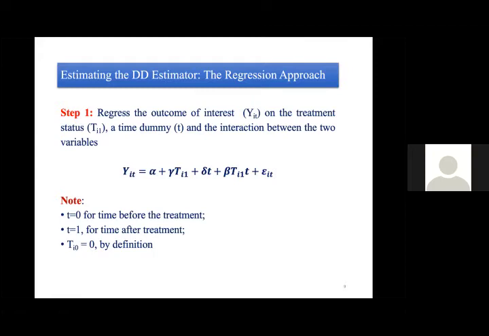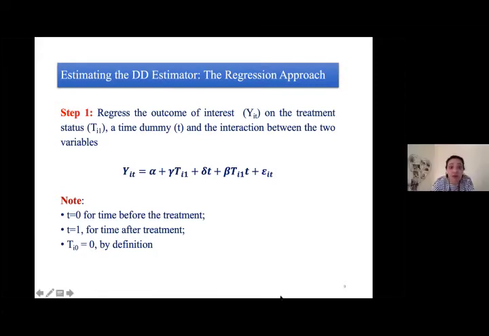Okay, so there is the alpha, and TI is equal to 0 because she's not treated. The delta is equal to 1, so we have delta. And the interaction is 0, so it's alpha and delta, if I'm correct.